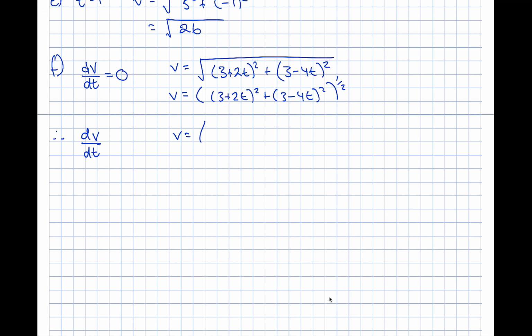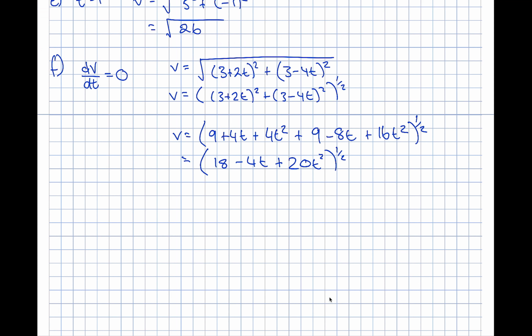So V is equal to, we have 9 plus 4t plus 4t squared plus 9 take 8t plus 16t squared to the half. 9 plus 9, so we've got 18 plus 4t, take 8t is negative 4t plus 4t squared plus 20t squared all to the half. So now it's a bit easier to deal with.